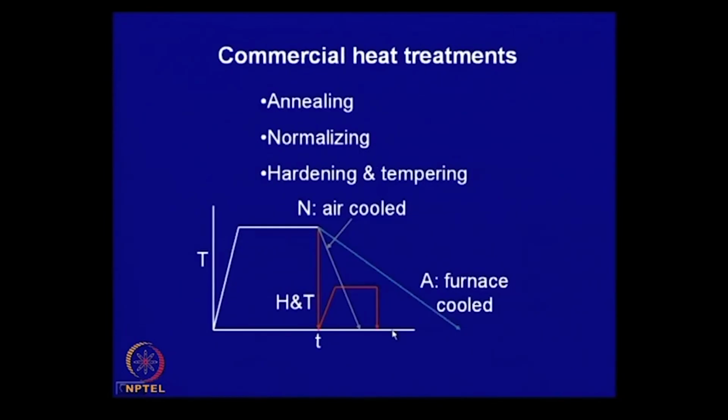Now, let us see what are the common heat treatments we are going to look at. Three common commercial heat treatment processes are listed here. One is annealing, second is normalizing, third is hardening.